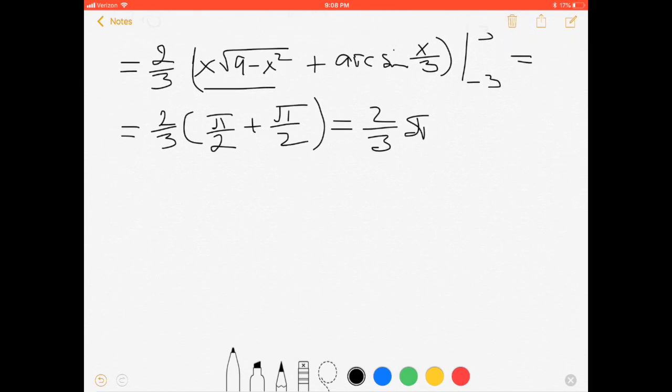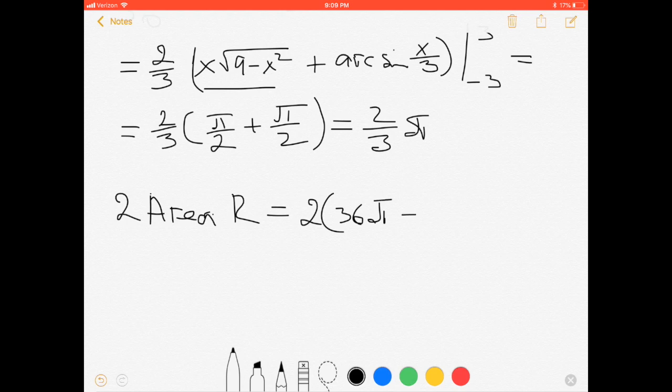And our integral, when we need to count, remember it will be 2 times the area of our region R. The circle gives us, because the radius is 6, 36 pi. Here it will be minus 2/3 pi.